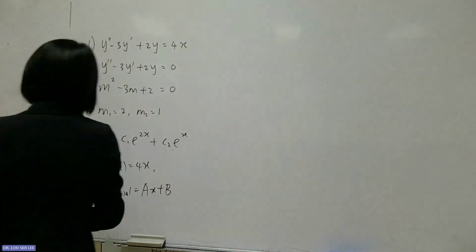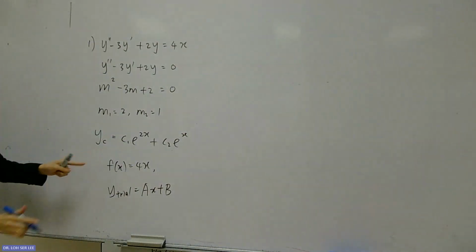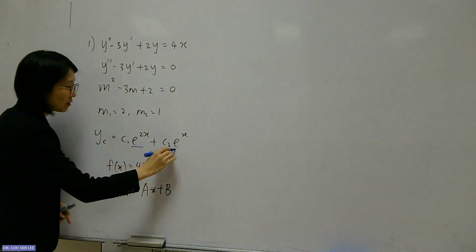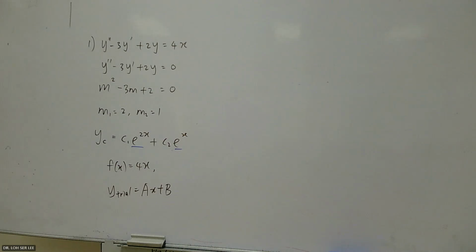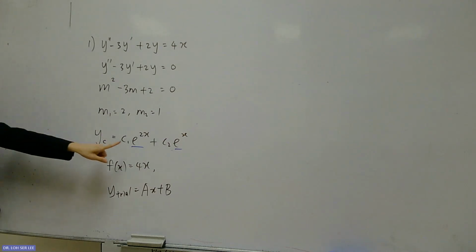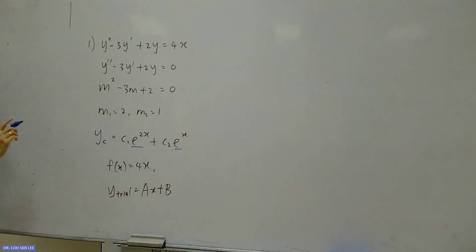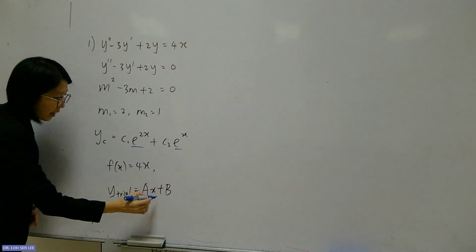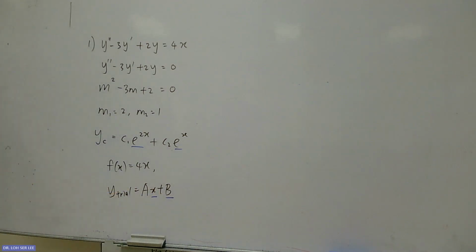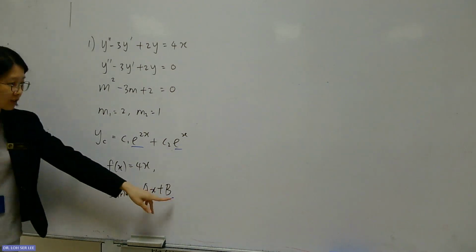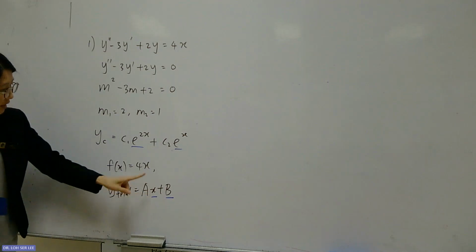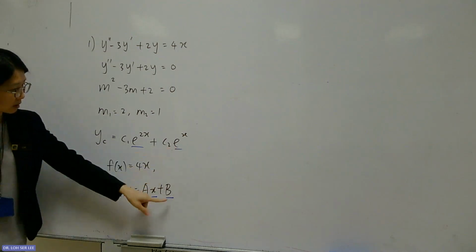The duplication means from yc, this is your y1, this is your y2, and from y trial, you have x and constant only. So do you see any duplication?